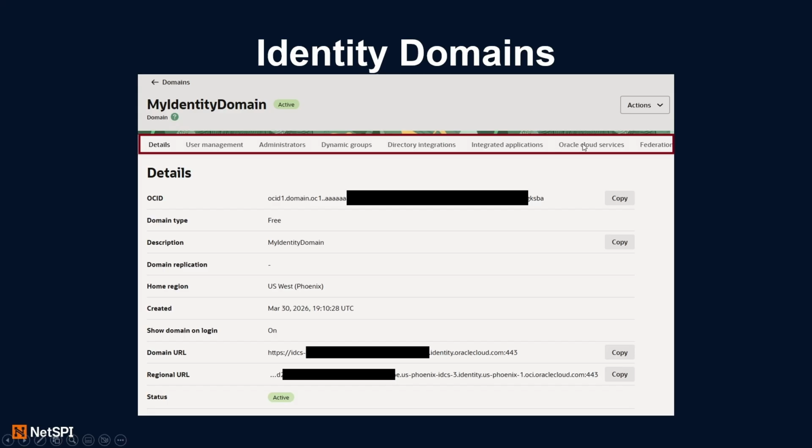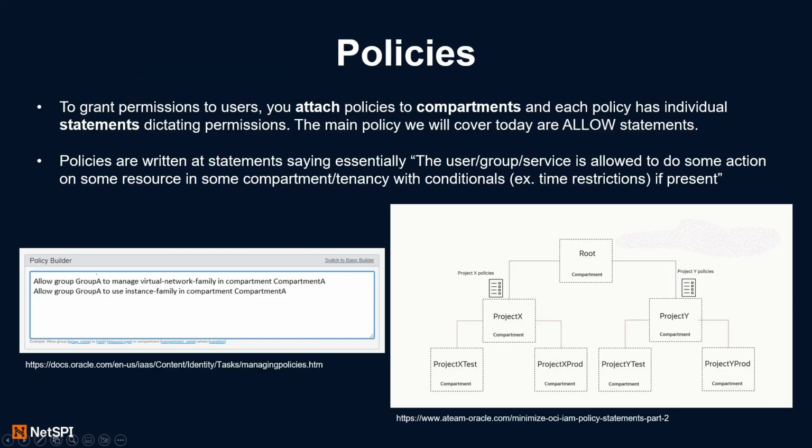You can integrate applications, manage password policies, handle federation, and so that's the identifier, and usually there is a domain URL where you can get to it. Again, I don't cover it too much in this talk. I'll probably cover it in future talks, but this is really just to let you know that IAM entities in OCI are generally grouped into identity domains, and we'll see that shortly in the policies.